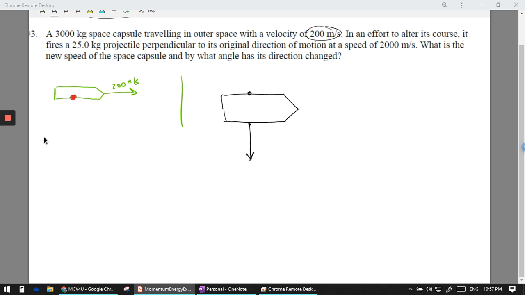That's the way that the person who wrote this question is interpreting it.